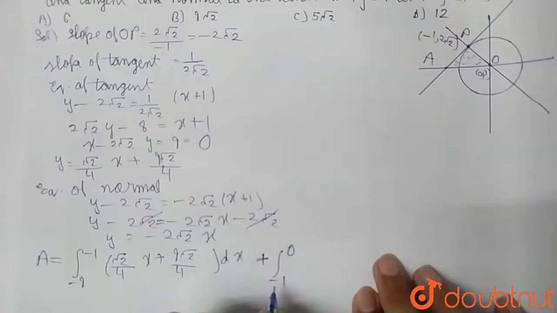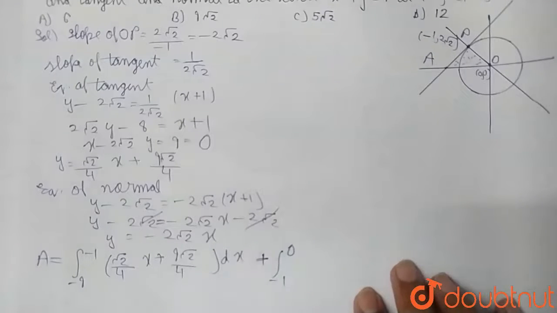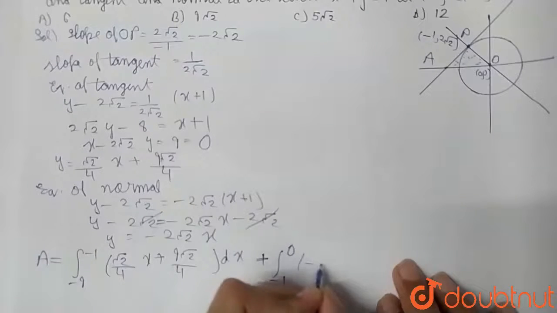From here, the second integral is minus of 2 root 2 x dx, from -1 to 0.